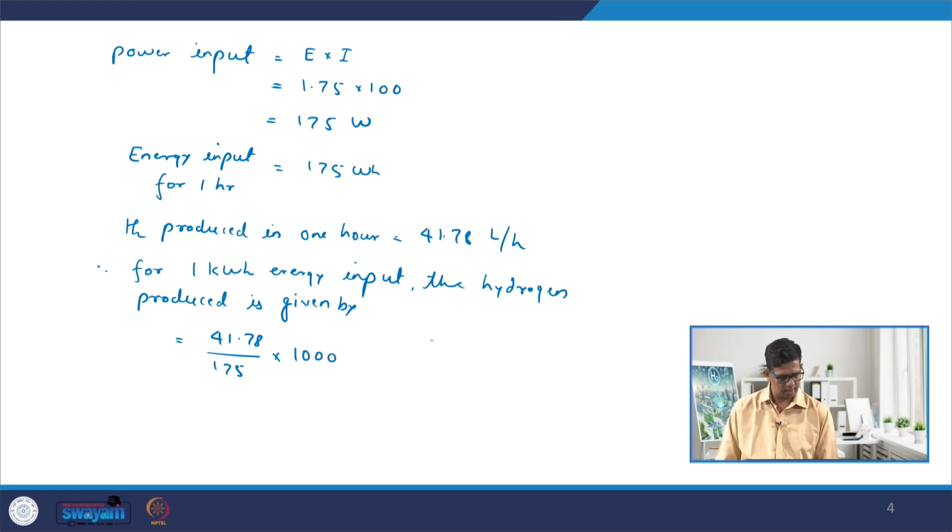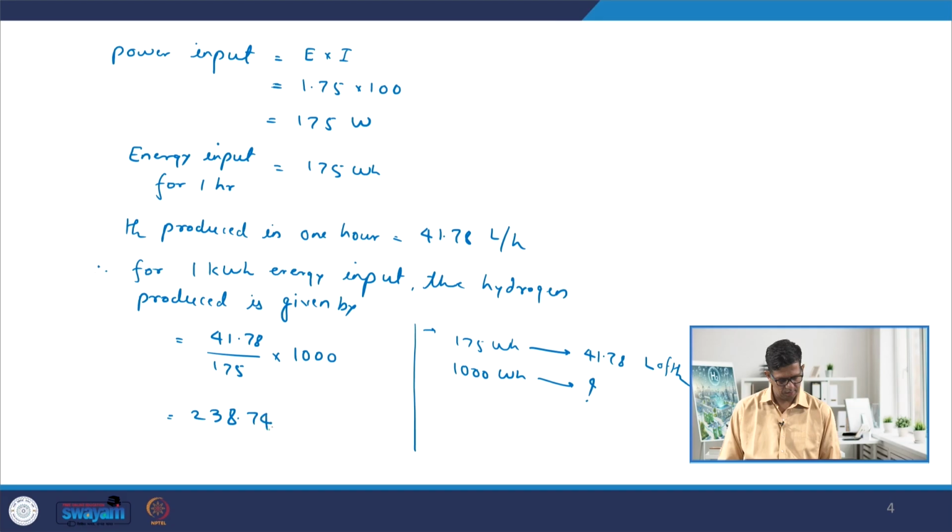I can simplify this: 175 watt hour produces roughly 41.78 liters of hydrogen. So, 1 kilowatt hour, which is 1000 watt hour, will produce how much? We can find that it is roughly 238.74 liters. This will be the hydrogen produced, and of course, we can convert this again into mass flow rate. We can multiply this with the density, and we can find out the mass flow rate in grams per hour that the hydrogen can be produced with this kind of electrolyzer.